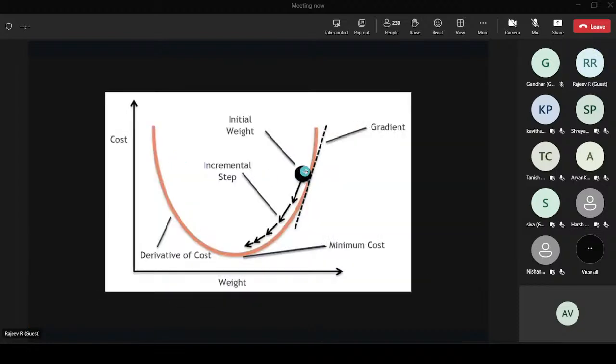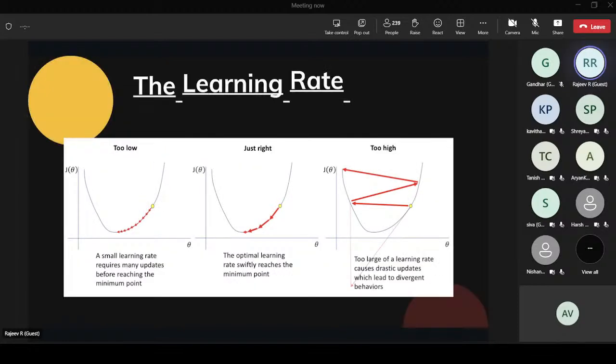So the change in variable is basically minus the learning rate times the gradient at that point. So when your gradient is positive, the change will be negative, and so on. So this is a good pictorial representation. So I hope you guys understood gradient descent well. So we'll be going ahead.